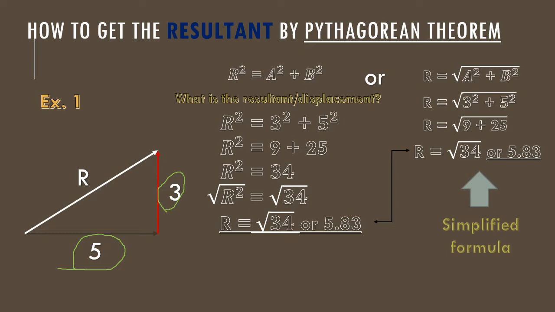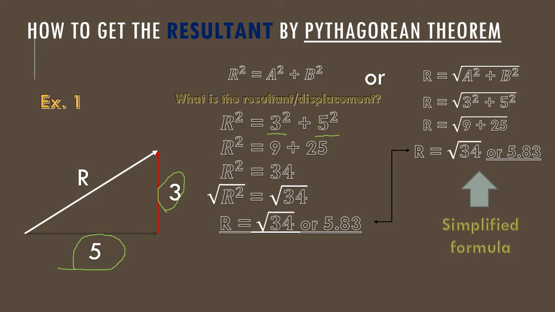So r squared is equal to 3 squared plus 5 squared. Pwede naman magkabaliktad, like 5 squared plus 3 squared, wala namang mangyayaring kakaiba. The answer is still the same.